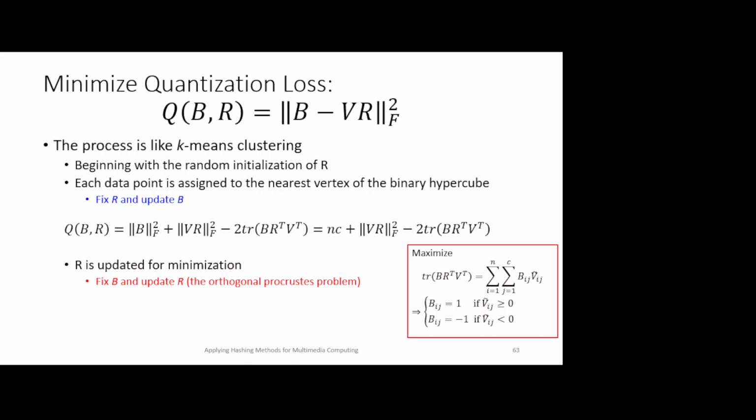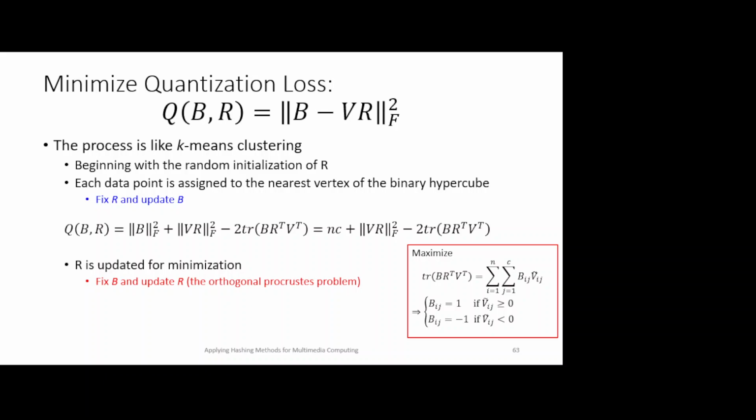Before, V is the original dimension-reduced vector, and after we rotate it, we check whether it is greater than 0, and we assign its bit as 1. If it is less than 0, we assign it as -1. With this policy, we can get the maximized value of this term.